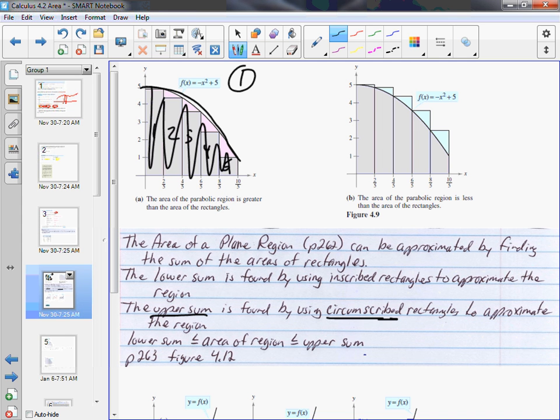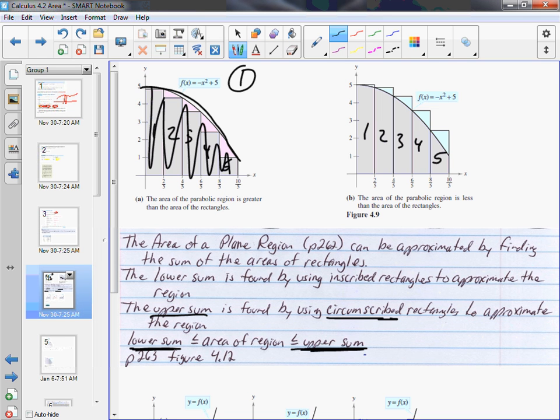If I find the area of each of those 5 rectangles, and then the sum of those areas, that sum will be greater than or equal to the actual area of the region, correct? So we'll have narrowed it down. The actual area of the region is somewhere between the lower sum and the upper sum, correct? That's what we do. Okay?